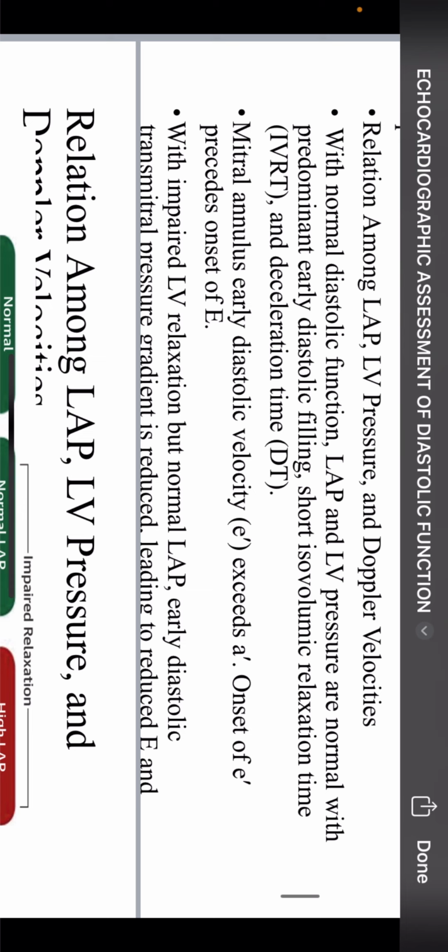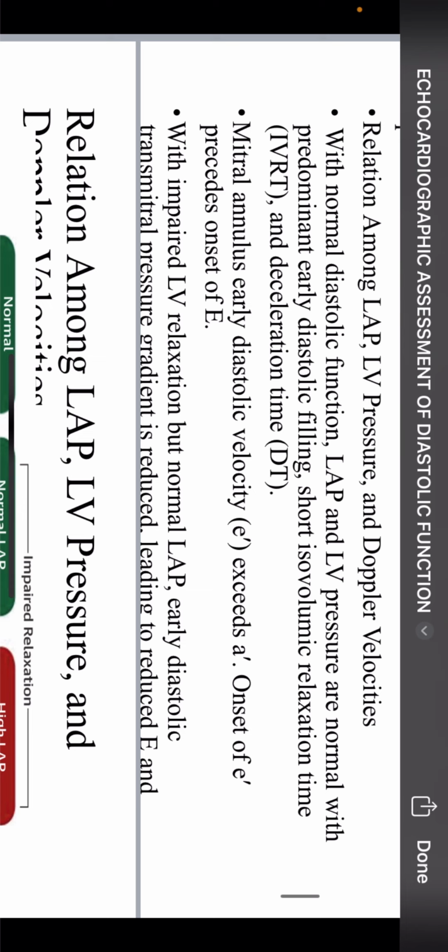With impaired LV relaxation, but normal LA pressure, the early diastolic transmitral pressure gradient is reduced, leading to reduced E wave velocity. Now this is what happens. If we need to understand diastolic functioning, we have to really understand hemodynamics. Blood should just move straight.